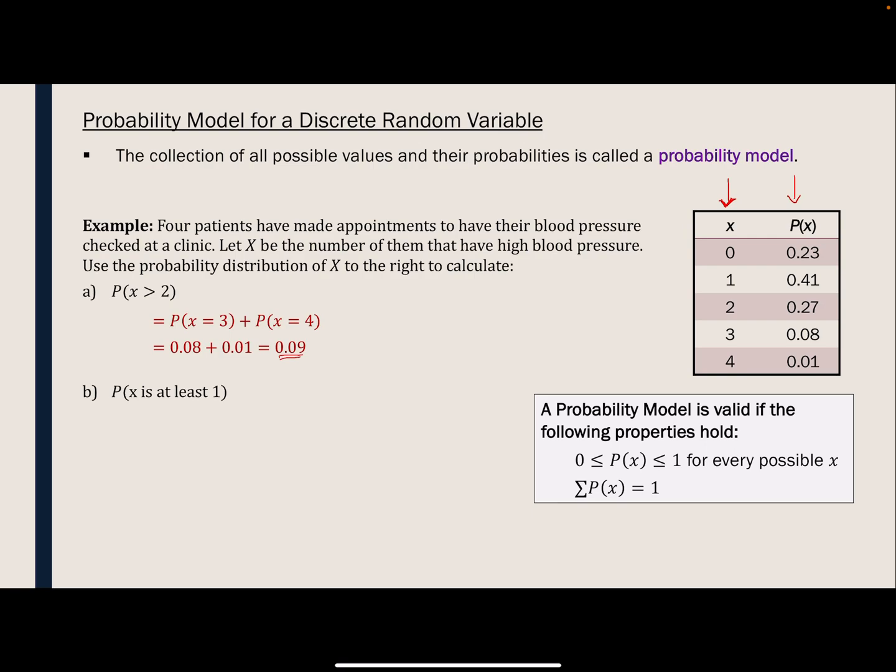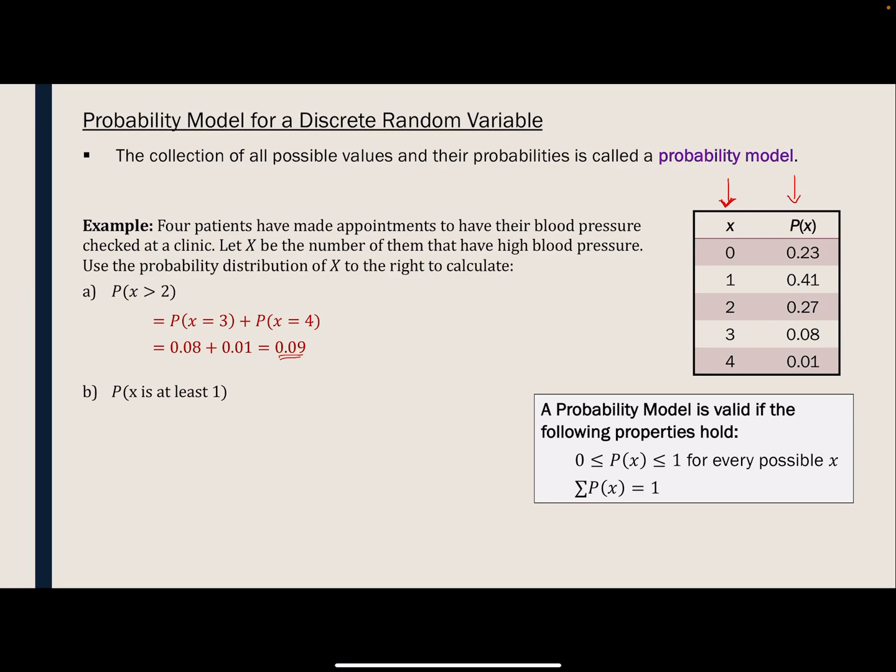In Part B, it asks for the probability that at least one of these patients has high blood pressure. Well, at least one means 1, 2, 3, or 4. So we could add those together, the probability that one patient has high blood pressure plus the probability that 2 patients have high blood pressure plus the probability that 3 patients have high blood pressure plus the probability that 4 patients have high blood pressure.